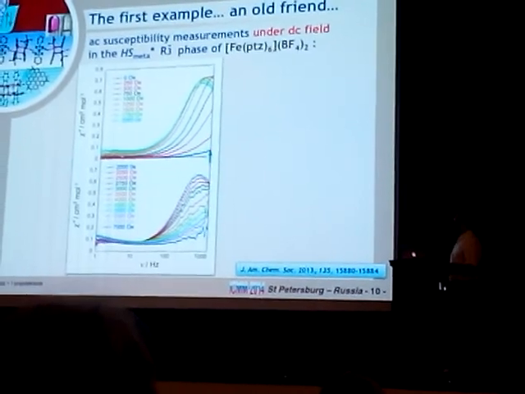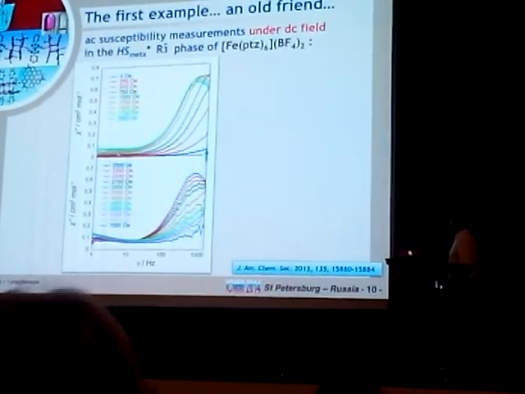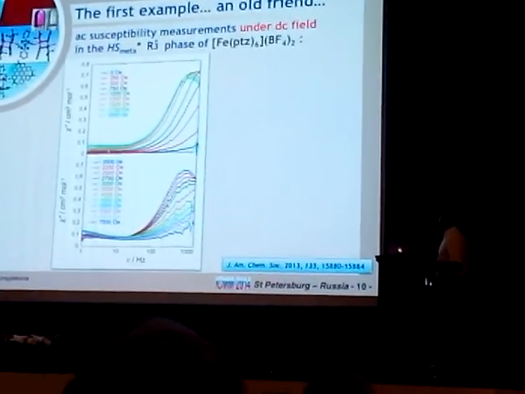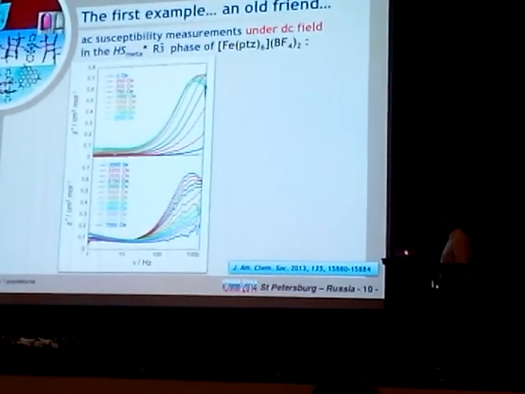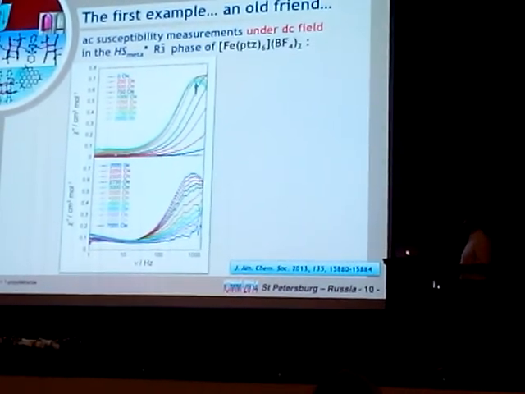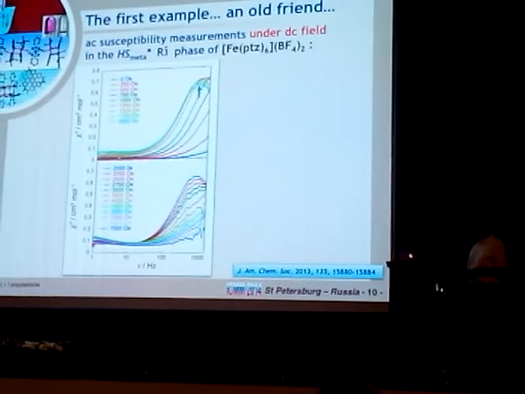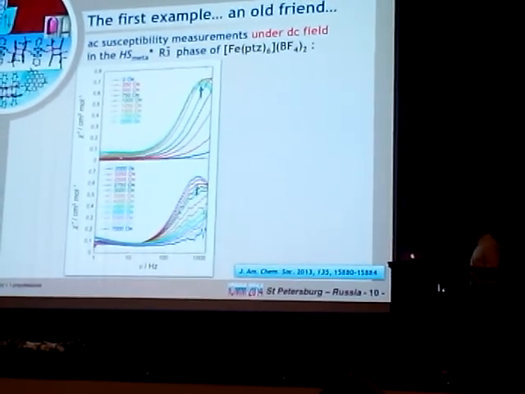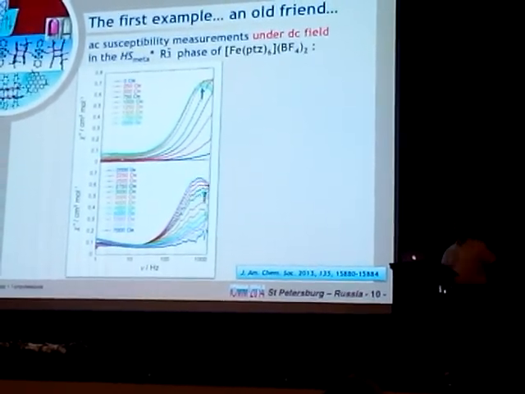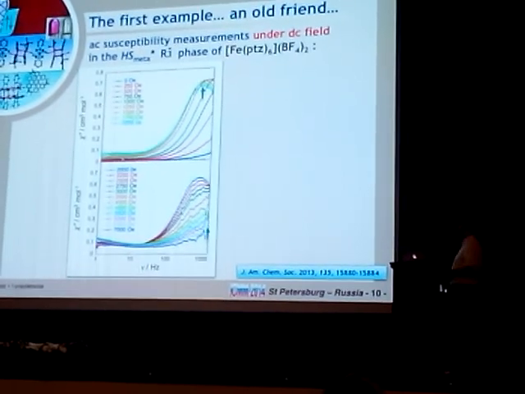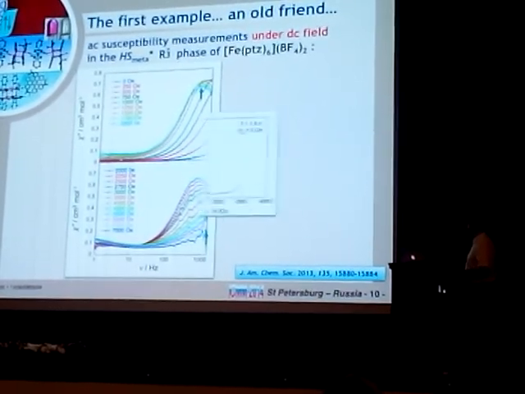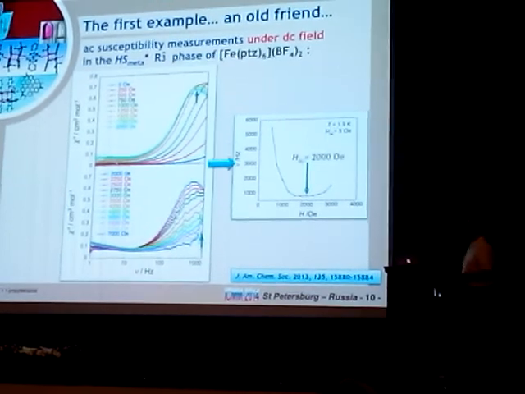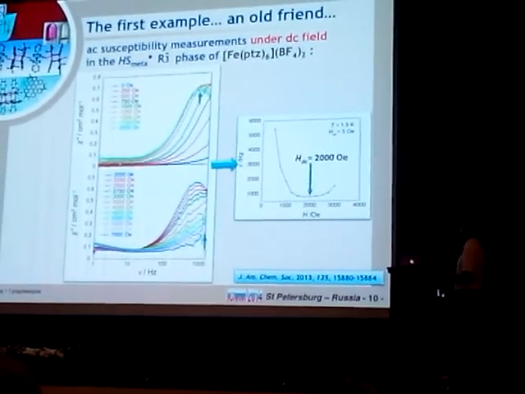At zero you observe almost nothing, and then you increase the field, and you see the intensity of the relaxation mode increasing and also going down in frequency. Then if you increase too much, of course, you speed up the relaxation of your system again. So you have an optimum field of about 2000 Oersted in this case.